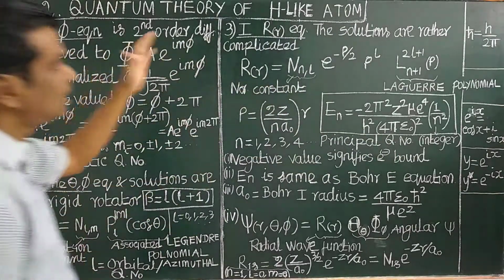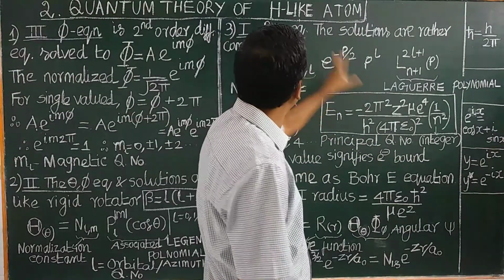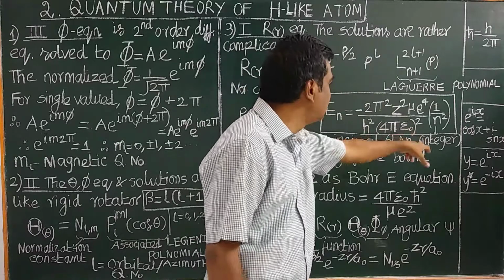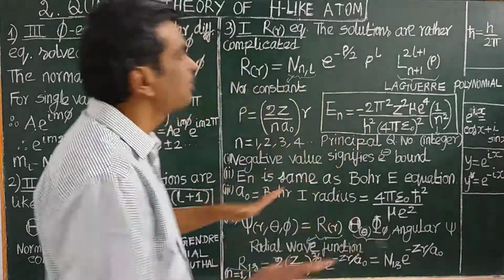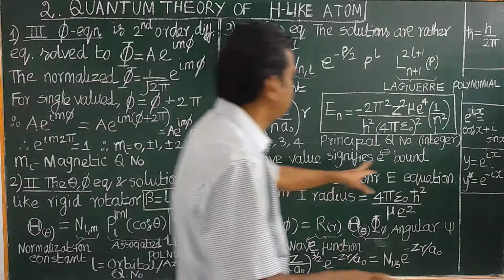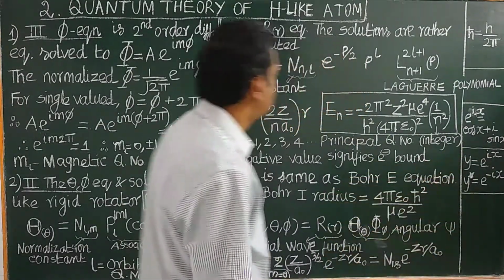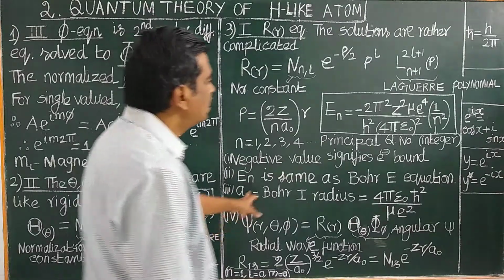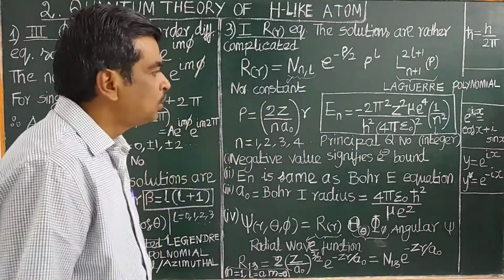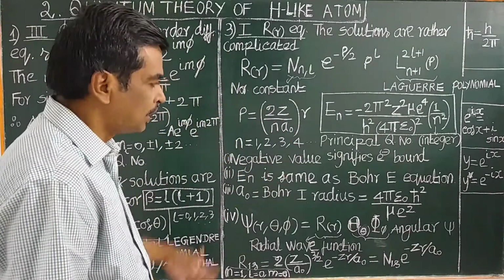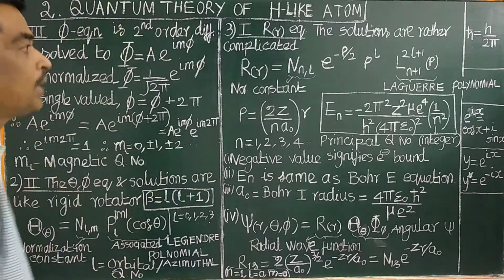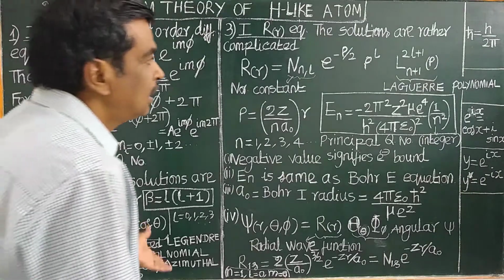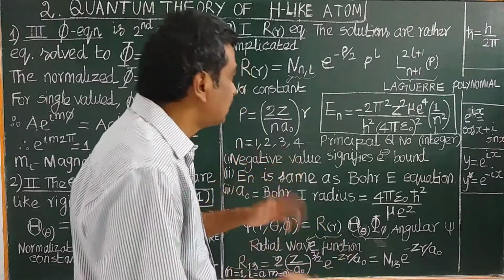Similarly, by solving this radial equation 1, the energy expression is obtained as follows. This energy expression is the same as the Bohr energy level equation. Both were awarded the Nobel Prize for obtaining the electronic spectra of hydrogen. Both agree with each other.